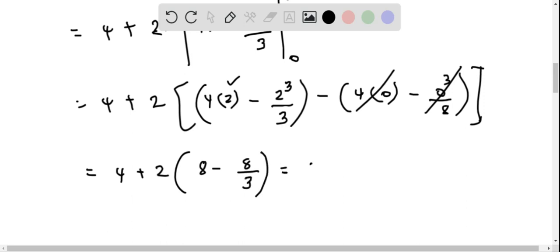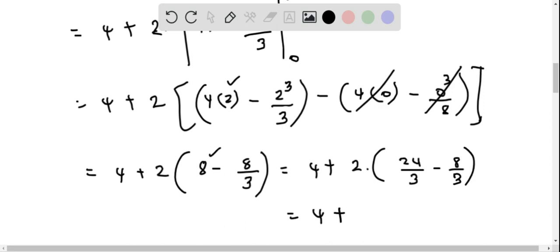So this equals 4 plus, we will simplify this, 8 minus 8 by 3. So we multiply and divide this number by 3 so that we get a common denominator. When you multiply 8 by 3, we get 24, and we divide by 3, minus 8 by 3. So this simplifies to 4 plus 2 times 24 minus 8, which is 16 by 3.